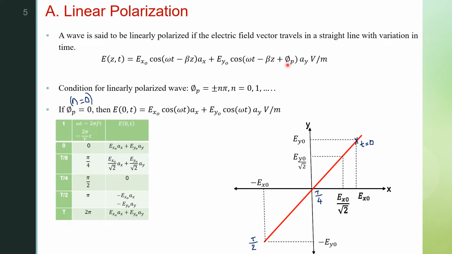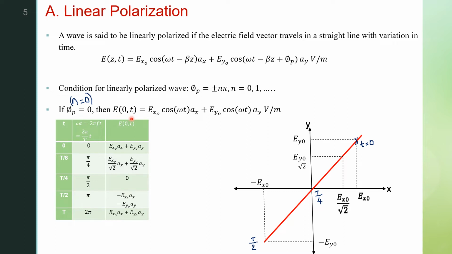So here phi p is 0 and there is no beta z term because we are considering the fixed point z equal to 0. So this is the electric field vector at z equal to 0 when the phase difference phi p is equal to 0. Now let's see what is the locus that is defined by this particular electric field vector.